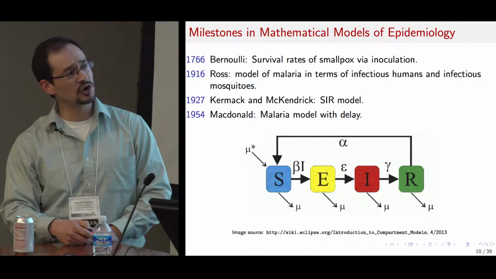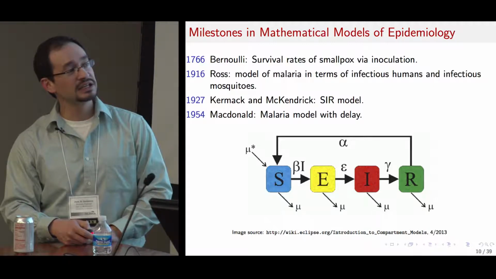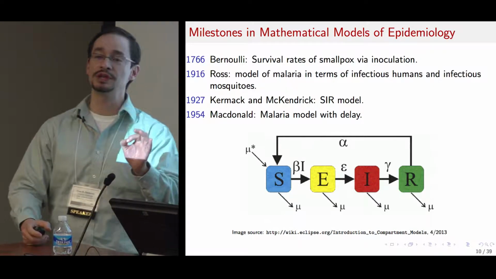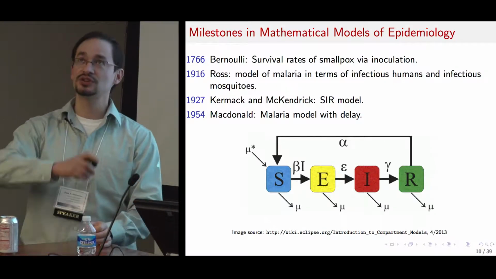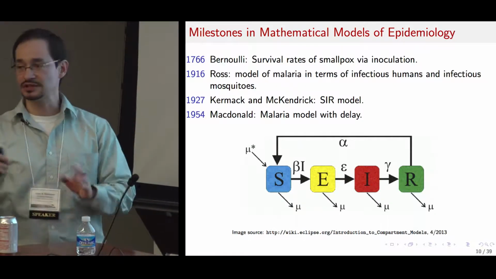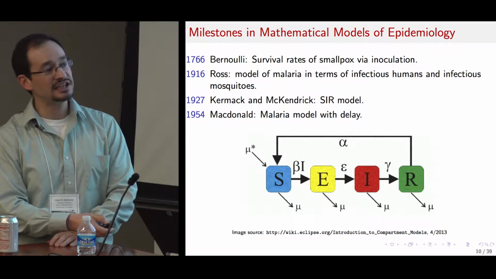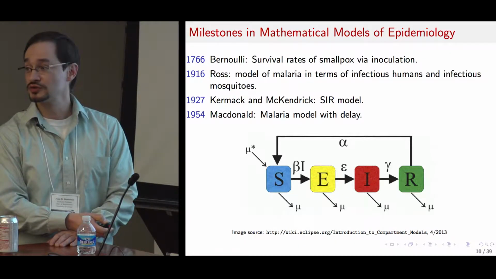Then in 1954, McDonald added the delay that occurs between infection in the mosquito and transmission to humans, the 2-week lapse. And these are the famous SEIR family of models.